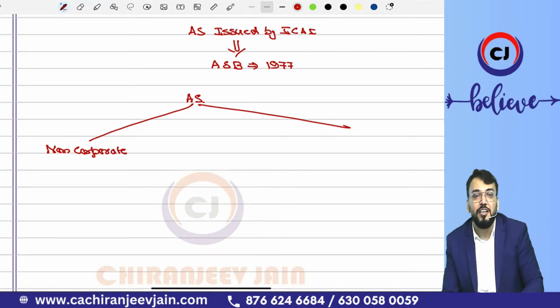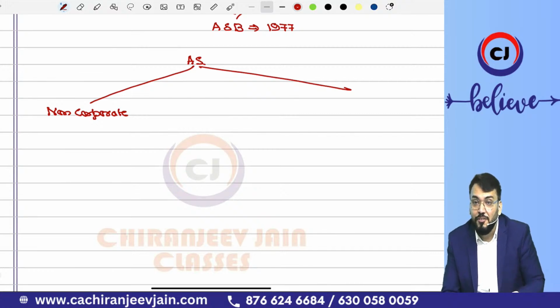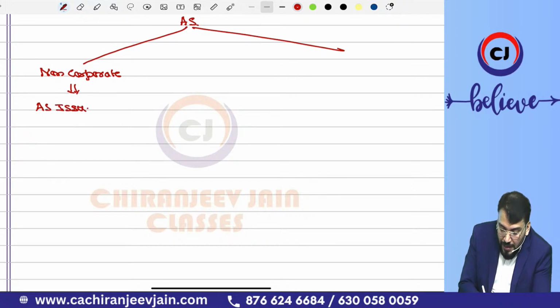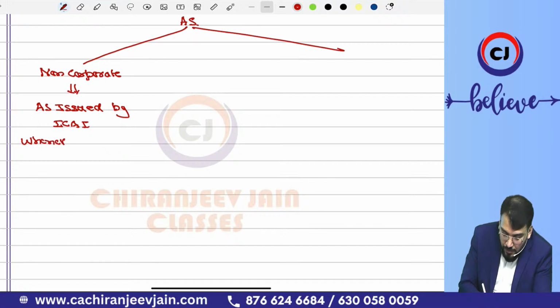When I say non-corporate, it means those which are not companies. For them, we need to follow AS issued by ICAI. Whenever a CA is performing what?